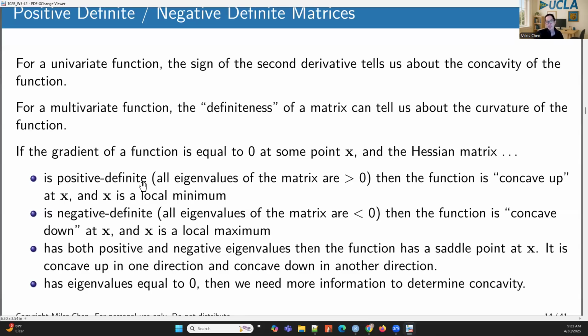If you have a negative definite matrix, then the function is concave down, and you can think of a hill, and your x is going to be located at a local maximum. If you have both positive and negative eigenvalues, then it's positive in one direction and negative in another direction, and that would correspond to a saddle point.